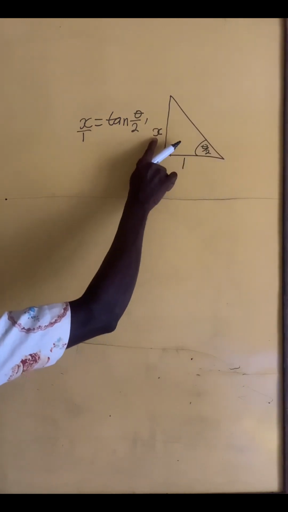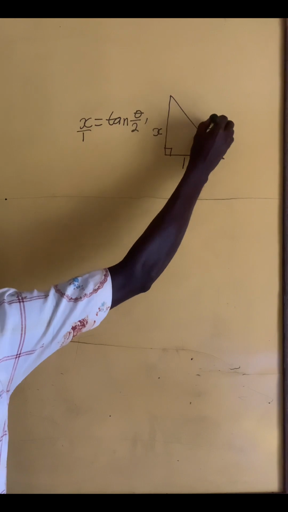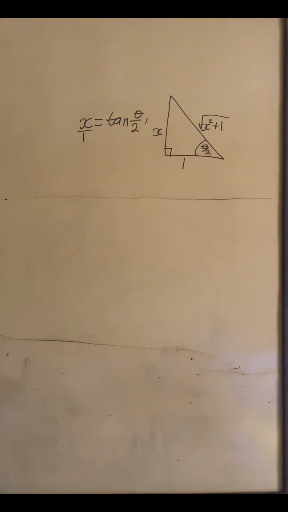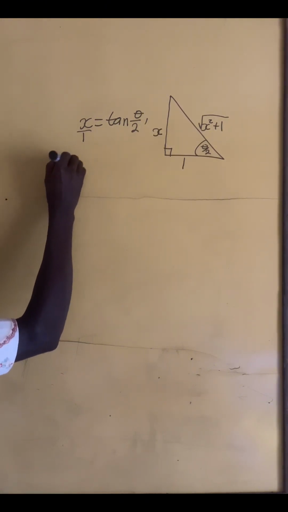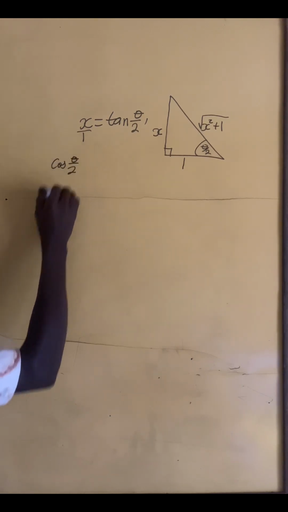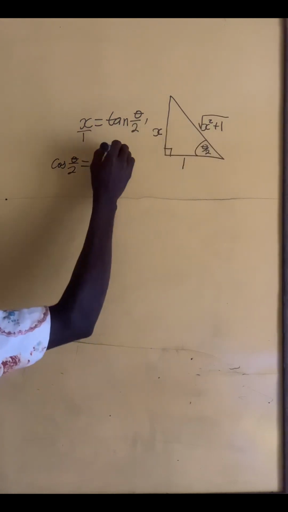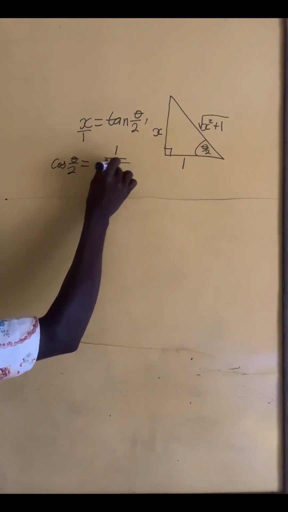Now, what will be the hypotenuse? The hypotenuse is x squared plus 1 squared, and we put square root around it. So the hypotenuse will be x squared plus 1 under the square root. Now, if we take cosine of theta on 2, we are going to get adjacent divided by hypotenuse, 1 divided by the square root of x squared plus 1.